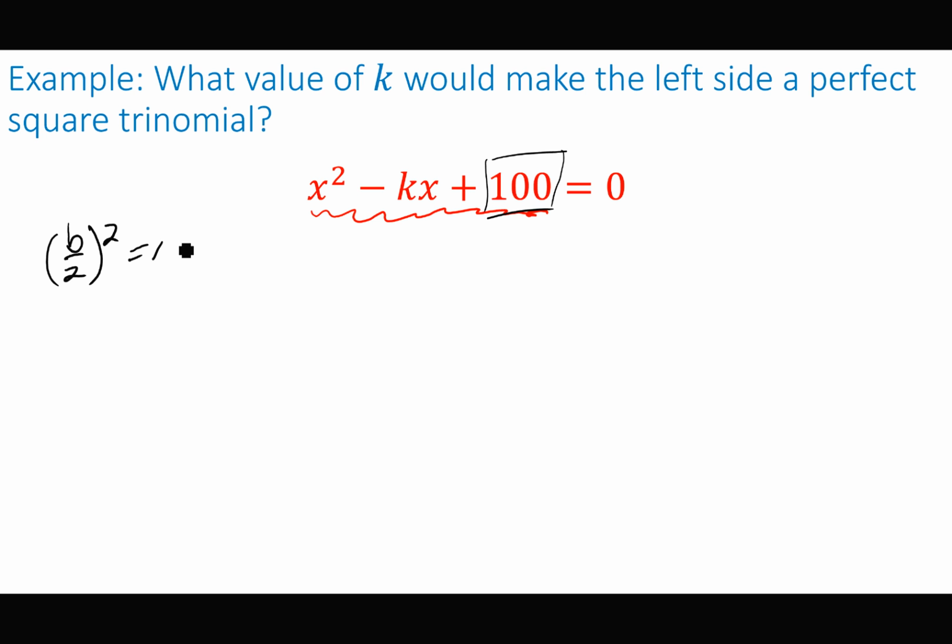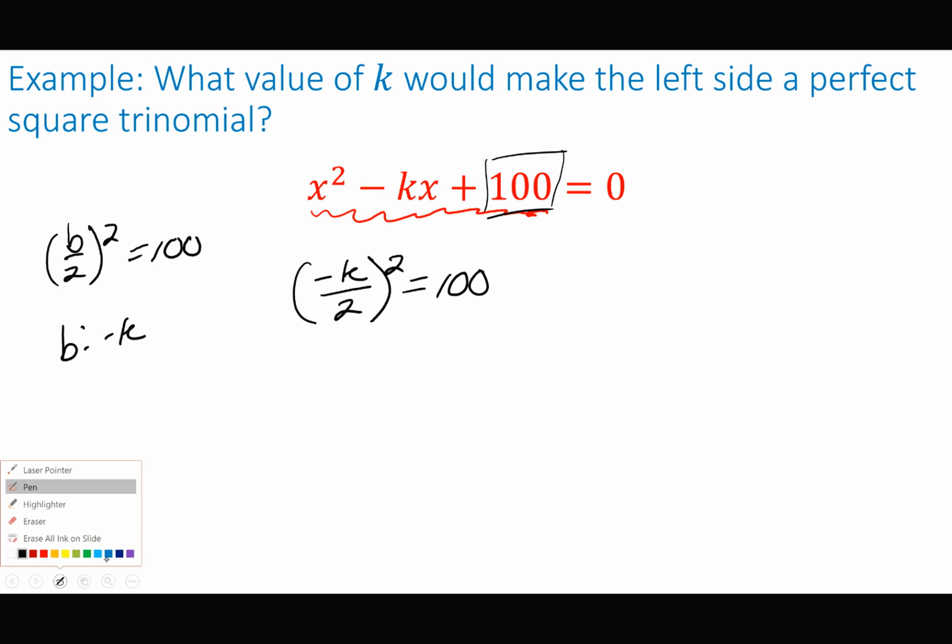That had to equal 100. Well, in this case, my b is negative k. So I'm going to say negative k over 2 squared equals 100. So now all I have to do is solve for k. And I can solve for this using square roots.